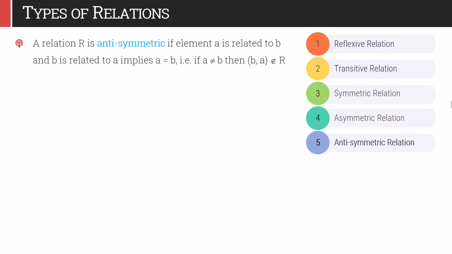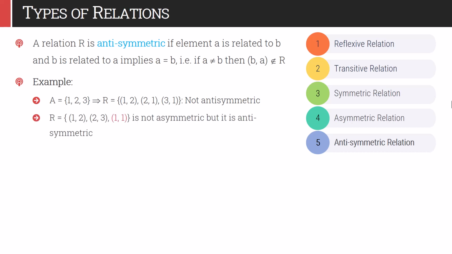Antisymmetric relation. A relation R is said to be antisymmetric if element A is related to B and B is related to A, that implies A is equal to B. That is, if A is not equal to B, then (B, A) must not be in R. Consider A is equal to {1, 2, 3}. If we consider (1, 2), (2, 1), (3, 1), then it is not antisymmetric.